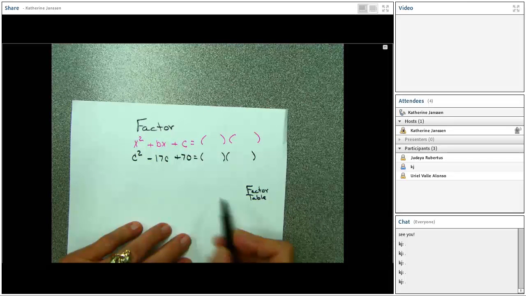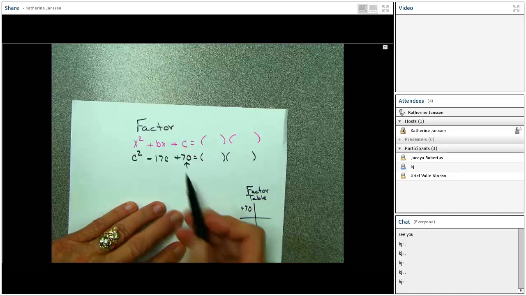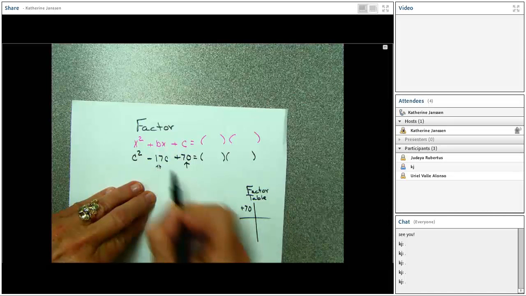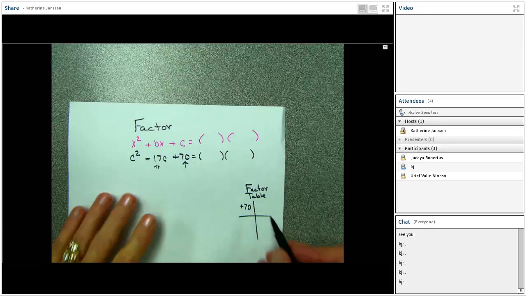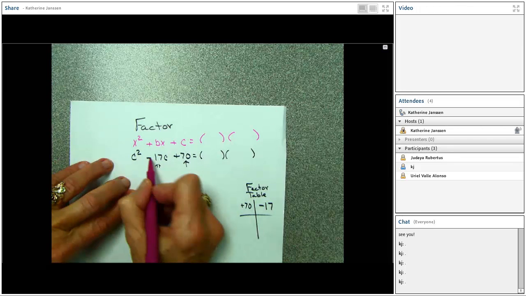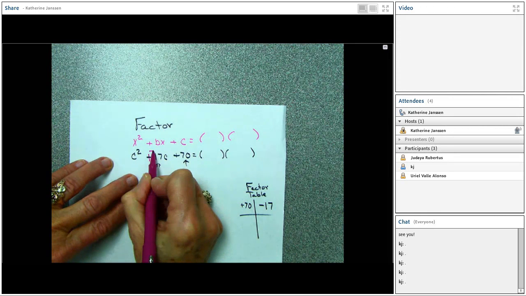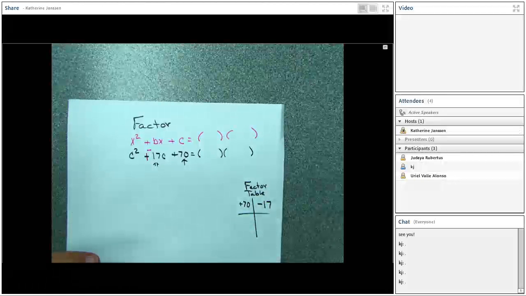We need factor pairs of the constant, a positive 70, whose sum is the coefficient on the middle term, which is a negative 17. That's a case where you want to be careful. You may need to change subtraction to addition and add the opposite so you do recognize it's a negative coefficient.